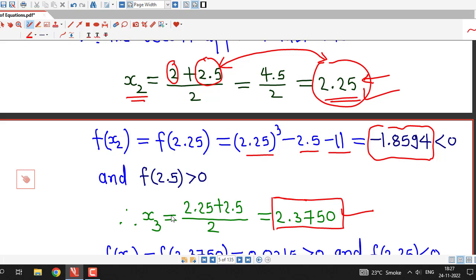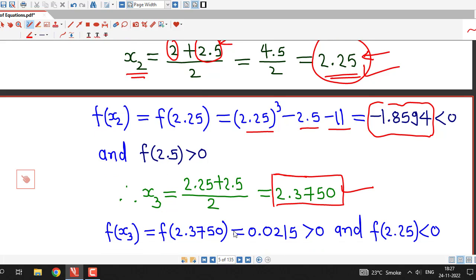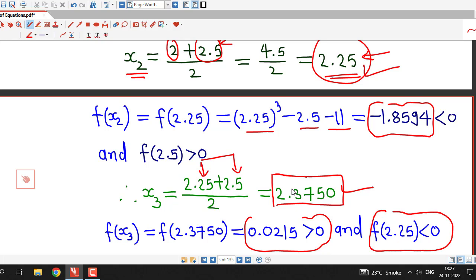So again I find out the value of the function at point x3, and it turns out to be positive, and x3 is the average of 2.5 and 2.25. I have to check whether f of 2.5 is positive or f of 2.25 is negative. So this is negative.